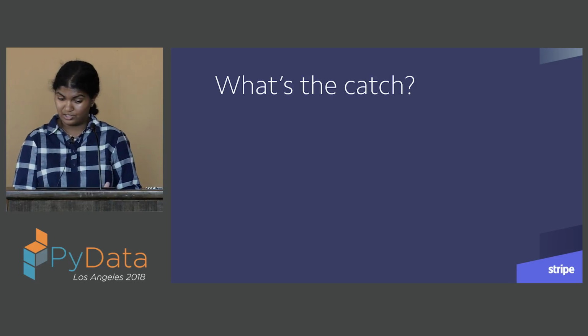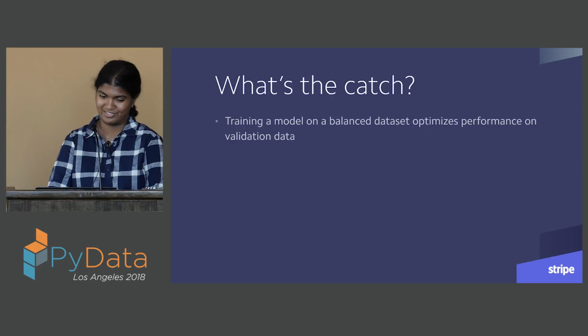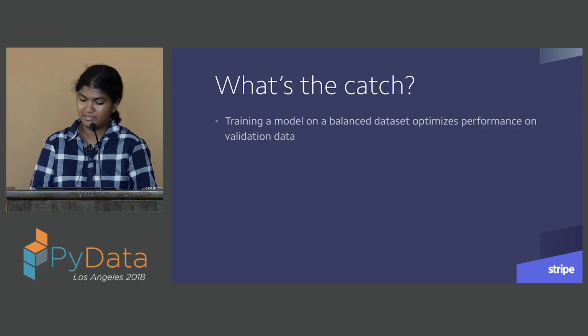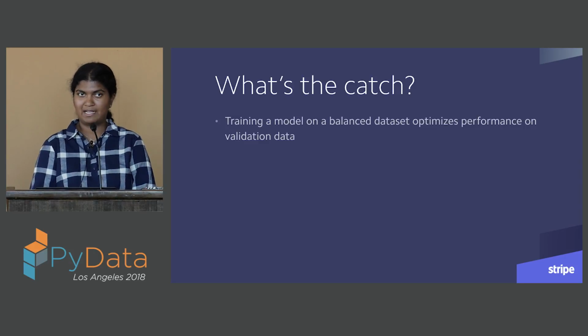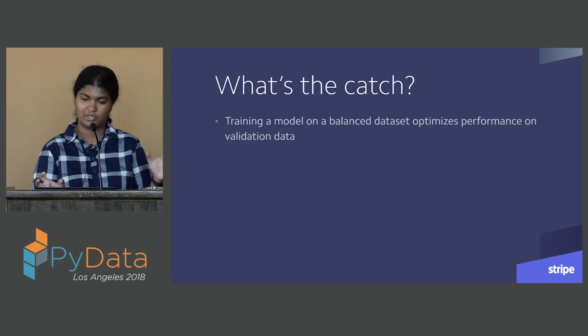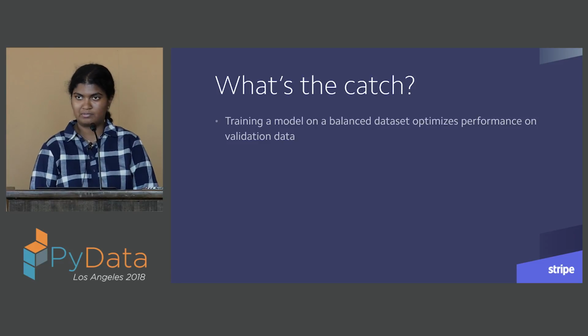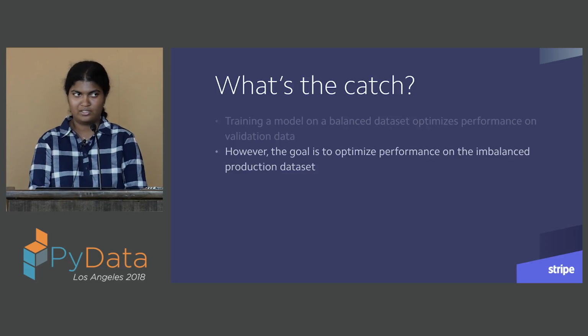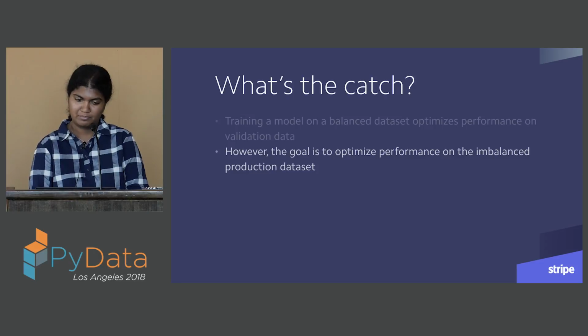So this all sounds good, but there's a slight hitch. When we train our model on a balanced data set, we end up with balanced validation data. And we're picking our optimal block threshold such that we optimize performance on the validation data. However, we ultimately run our model in production. Production is not balanced data. Production still has only 1% fraud in it.